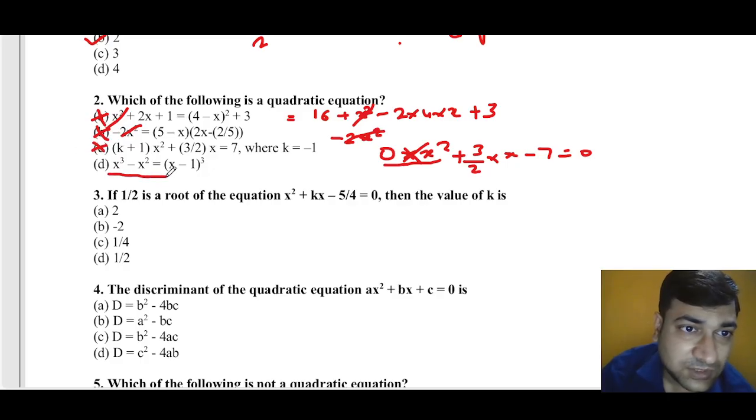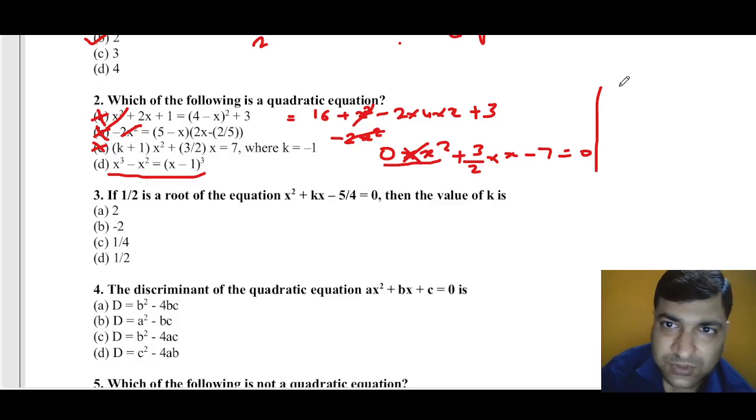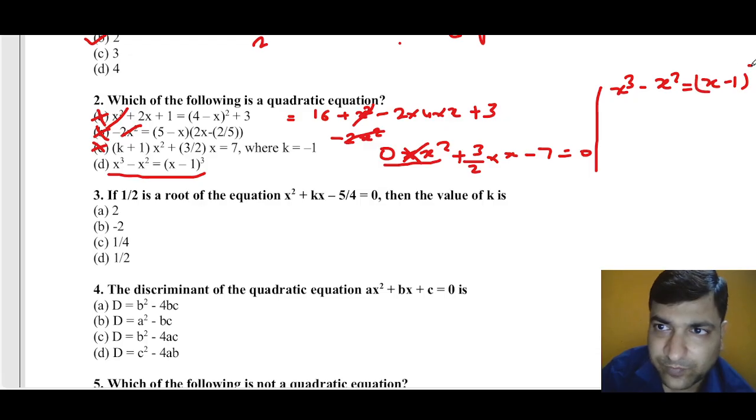But let's solve this equation: x cube minus x square is equal to (x minus 1) whole cube.